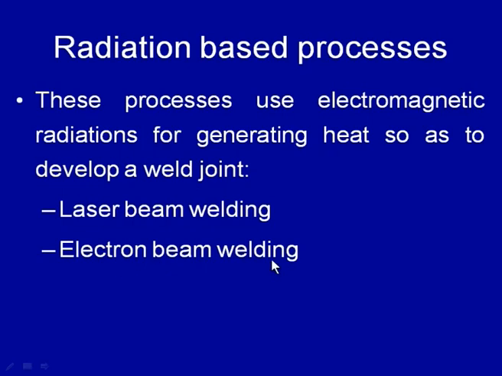But this electron beam welding process requires a vacuum, because the electrons cannot move at high speed in ambient conditions because of their collision with atmospheric gases and molecules. That is why it is mandatory to have a vacuum in case of electron beam welding processes.